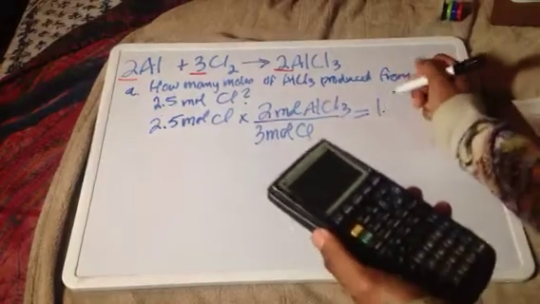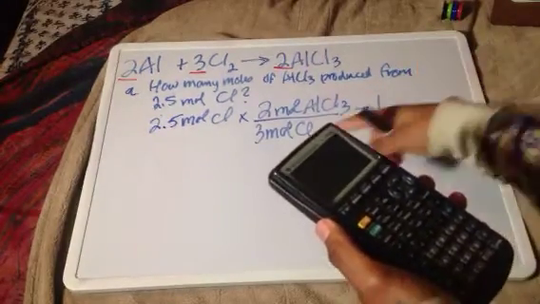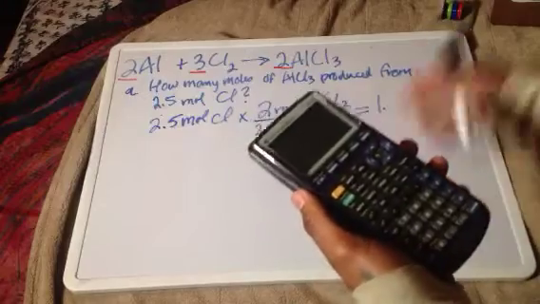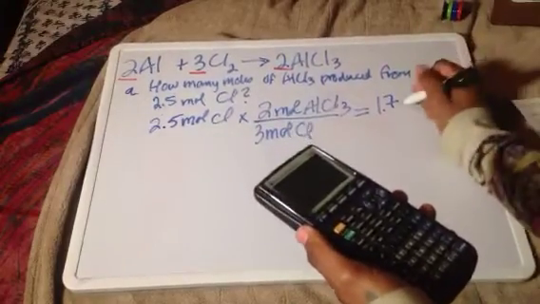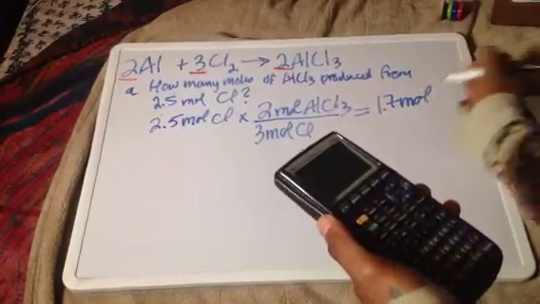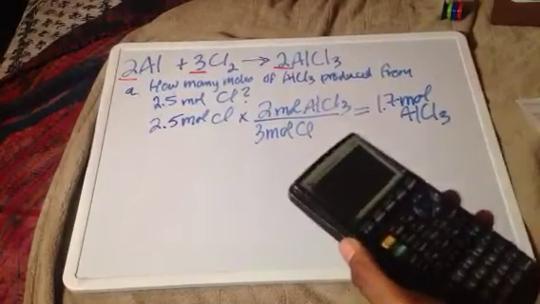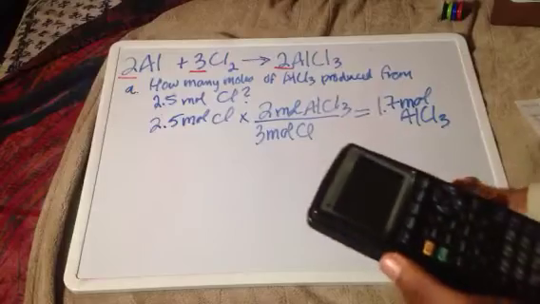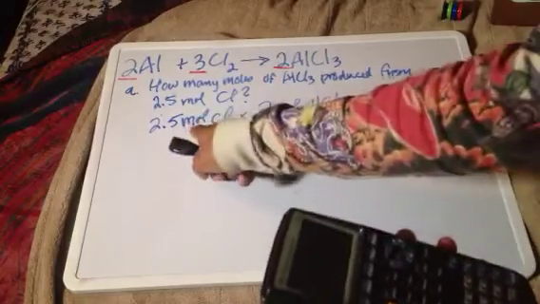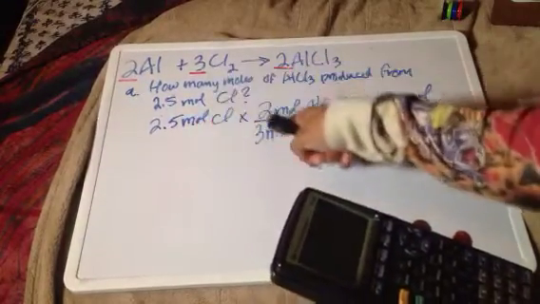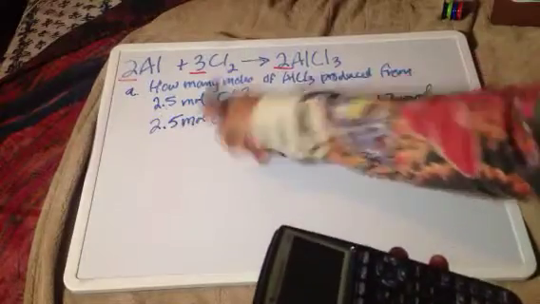And we get 1.7, and I'm going to take this to 2 decimal places, moles of AlCl3, aluminum chloride. Okay? So we always want to go from moles to moles of the same substance.